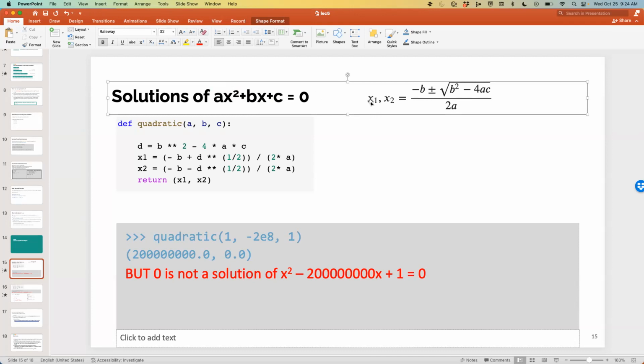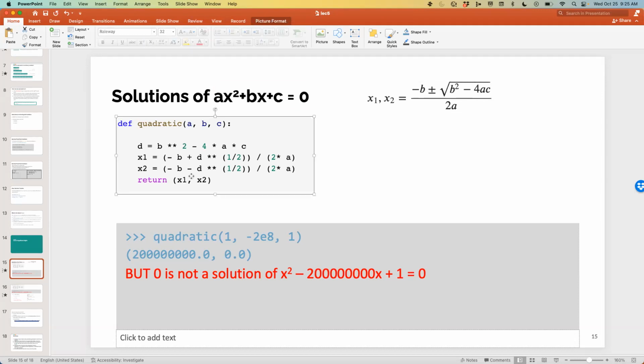One value is x1, which is minus b plus square root of b squared minus 4ac, divided by 2a. Another value of x that satisfies this equality will be minus b minus square root of b squared minus 4ac, divided by 2a. In other words, we're finding the roots of this equation, and there are two roots. The first root will be plus, the second root will be minus. And this is our solution here.